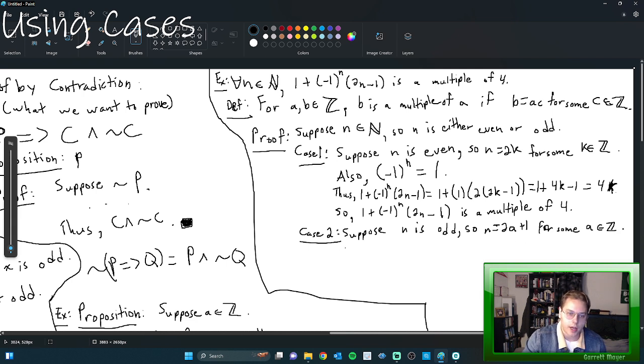So we have that, and once we have that, we also know -1 to the power of n is equal to -1, for that same logic we talked about before.